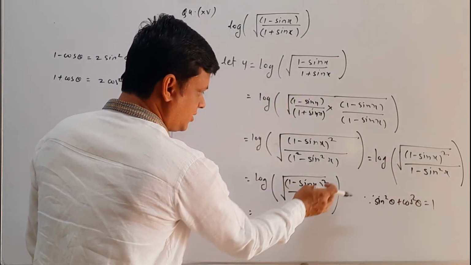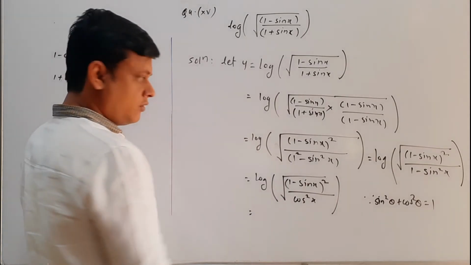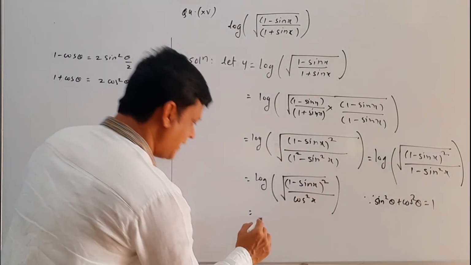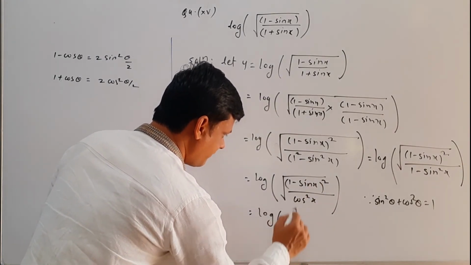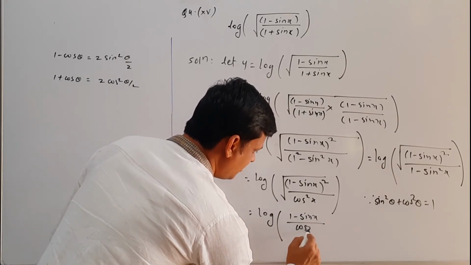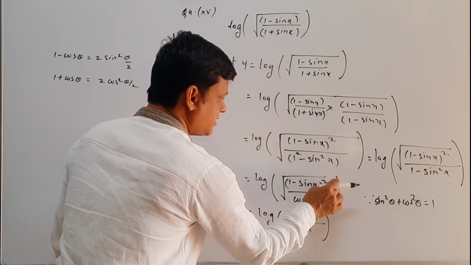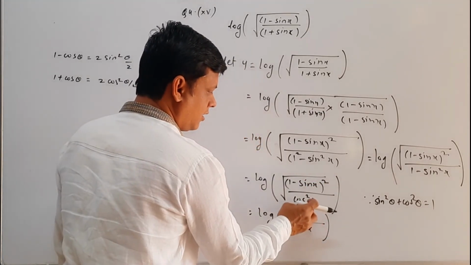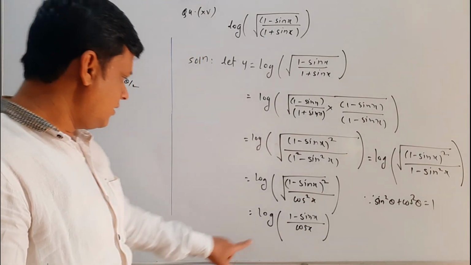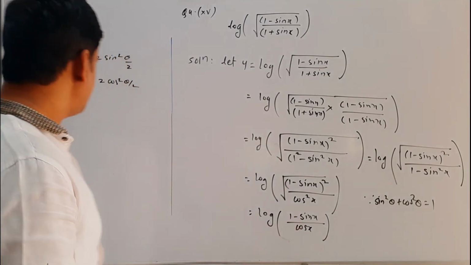Now both terms are in square form. So taking square root of each term, square and square root get cancelled. We write here log of, in numerator 1 minus sin x, upon cos x, because square and square root cancel for numerator and also for denominator. Now we separate the base here.